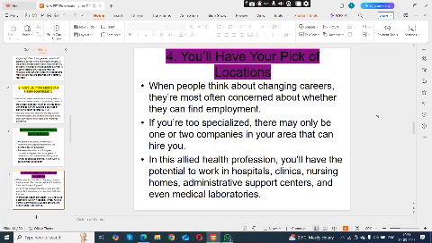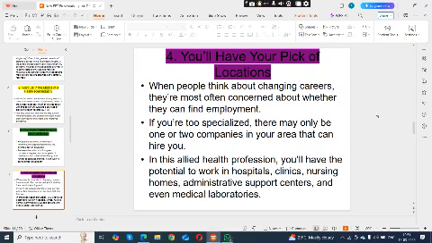Coming to the next one, you will have your pick of locations. This means if you want to change your career or your location, and in your location you have only two big companies and you don't have a chance to work in those two companies, but you want to work from remote areas, then you have the facility in medical coding to work from home.